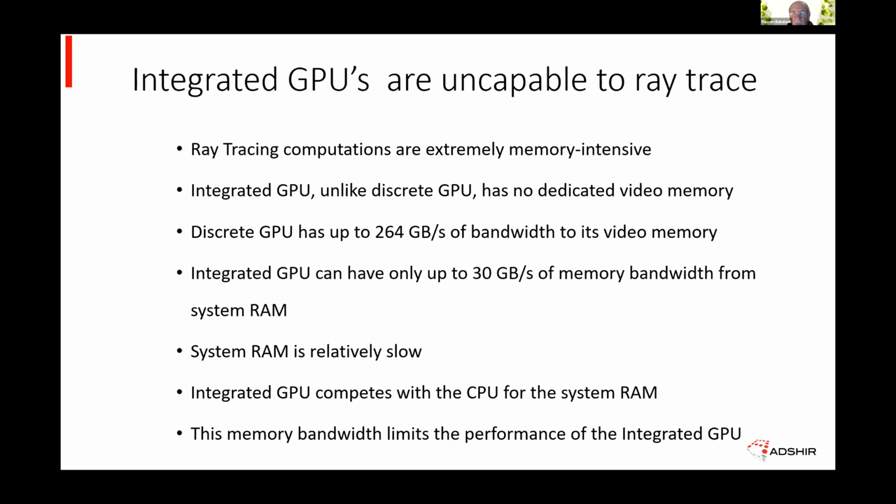So not only can it take only a small part of memory, but it has to share the memory with the CPU, and the CPU has priority. So this bandwidth actually limits the integrated GPU. So integrated GPU is considered as not doable, not capable for ray tracing.